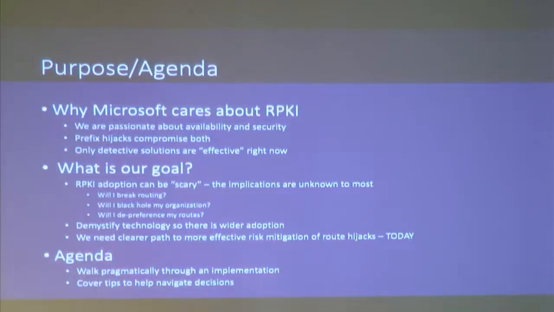And when you look at the impact of a route hijack, it's going to impact those two things. The downside is only detective solutions are effective today. And so we're definitely looking for a way to have preventative measures in place on a global basis to protect Microsoft from prefix hijacking.